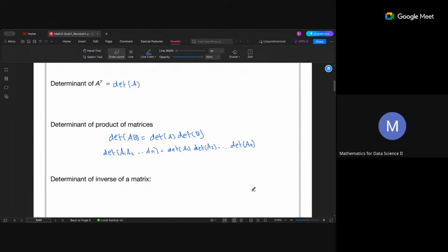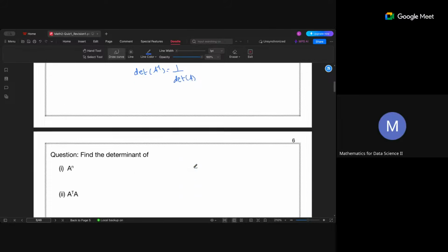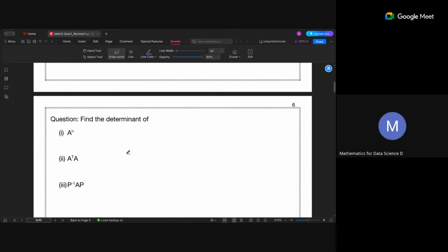Okay, good. What is the determinant of the inverse of a matrix in terms of the determinant of the matrix? One by determinant of A. Okay, good. Now, what is the determinant of A power n in terms of the determinant of A? Determinant of A raised to power n.